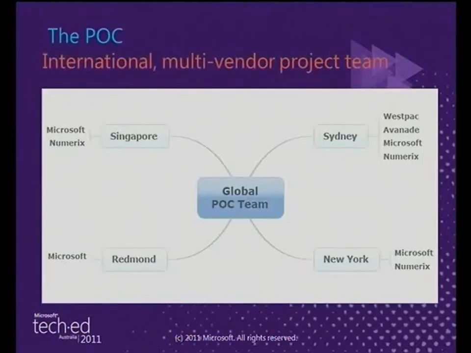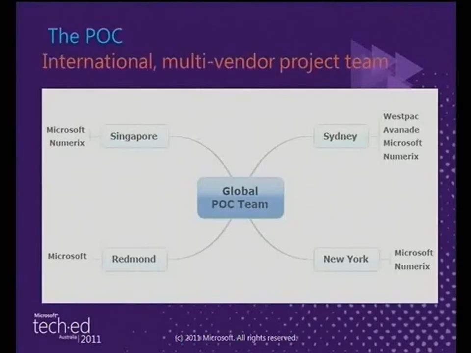Also from Numerics, we had some financial specialists, product specialists that understood not only the product but the nature of the problem very deeply. And from the Microsoft side, guys such as David, who knew HPC, knew Azure, and could help pull the whole thing together. We have Avanade involved as well.